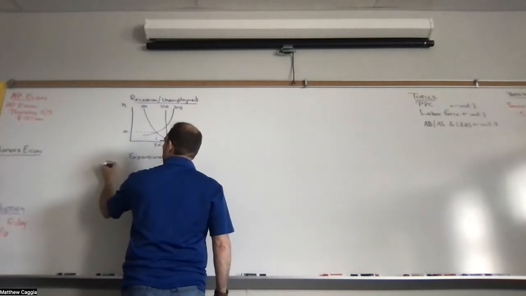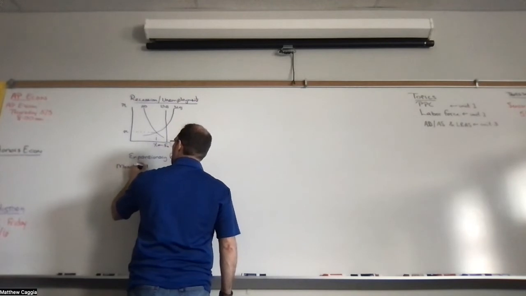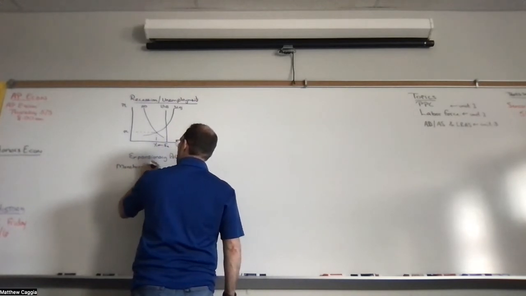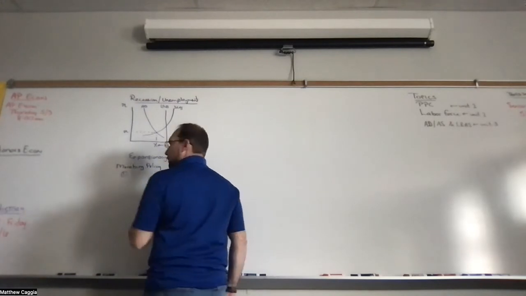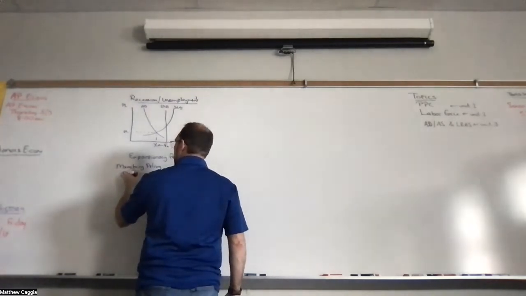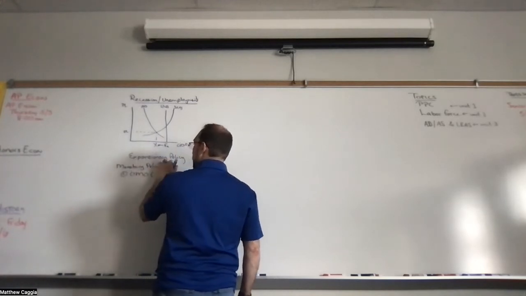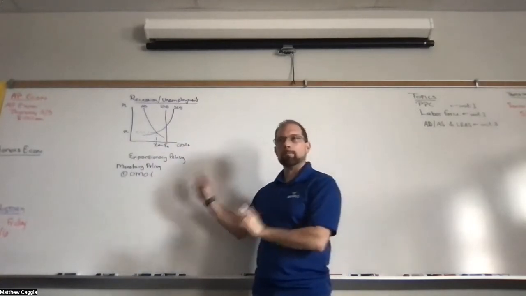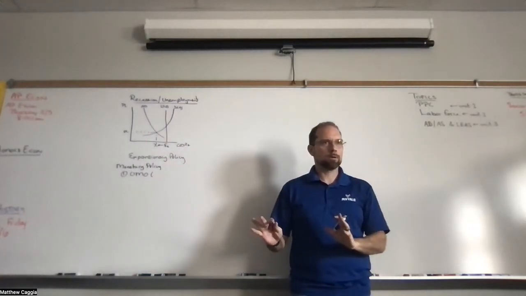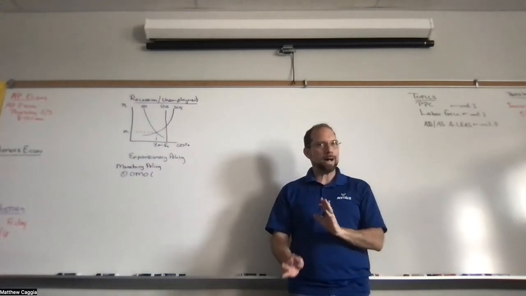So if we're looking at monetary policy, they have three options. The most frequently used is open market operations. If we're expanding, do we want the money supply to be bigger or smaller here? Bigger. So is the Federal Reserve going to buy or sell securities? Buy.